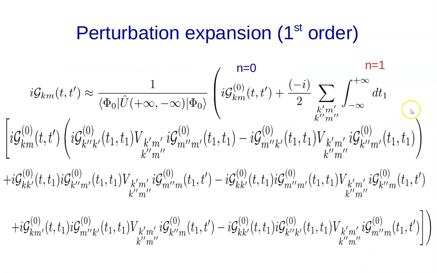So let's go back. So there's one sum over k prime, m prime, k double prime, m double prime, that is the interaction. And we had then that time ordered operator with 6 operators.